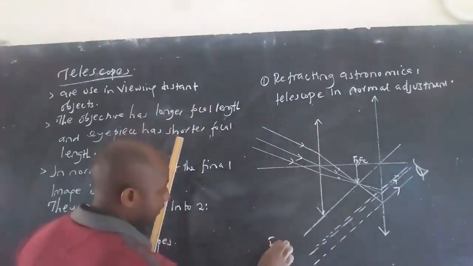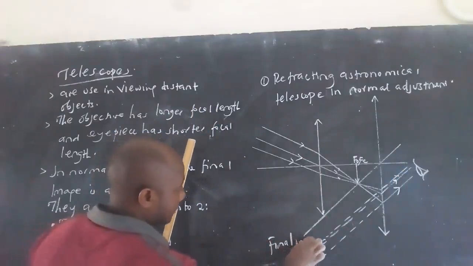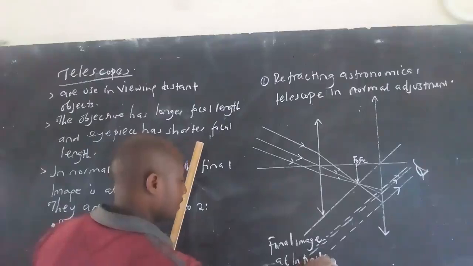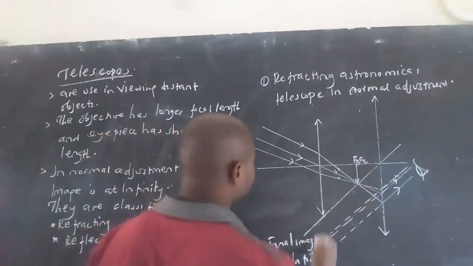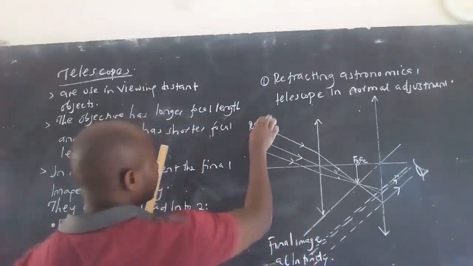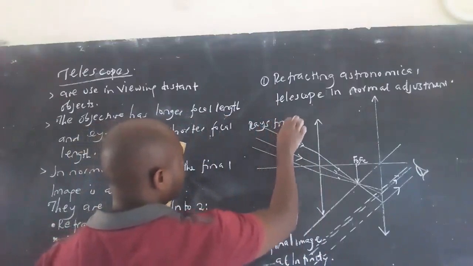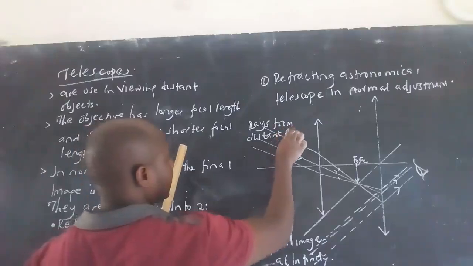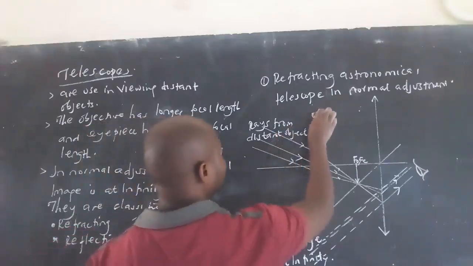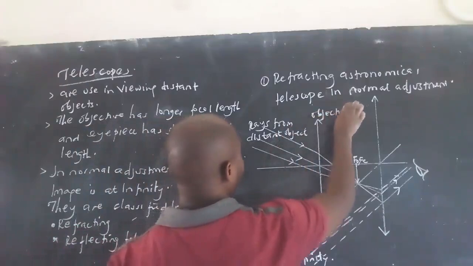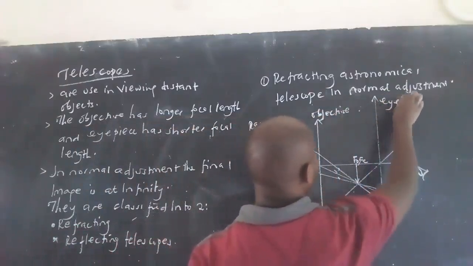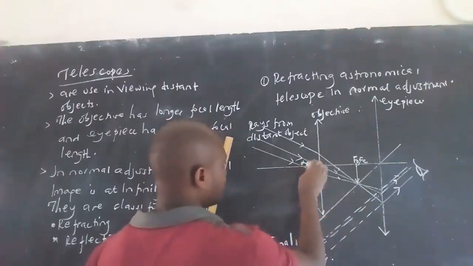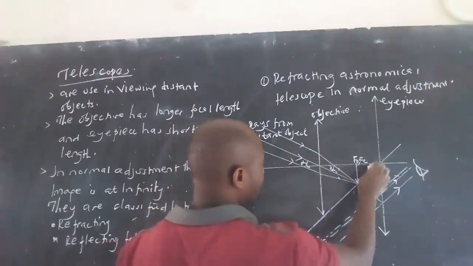Final image at infinity, so that rays from a distant object. This is the objective. This is the eyepiece. Now this is alpha. This is alpha prime.